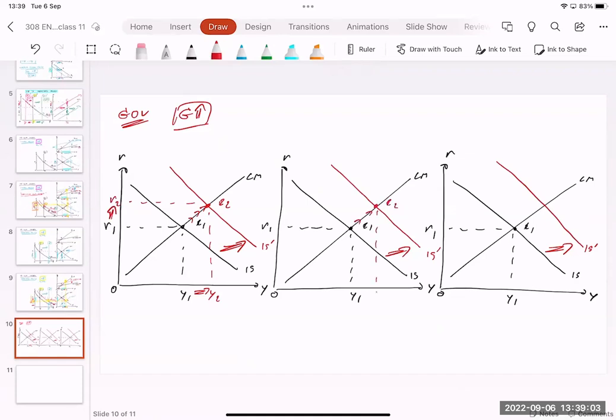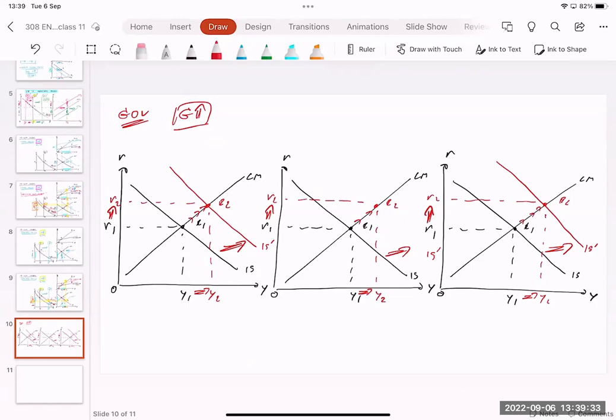It's the same in all three cases. So this is how the government increasing G affects the equilibrium in the IS-LM model.